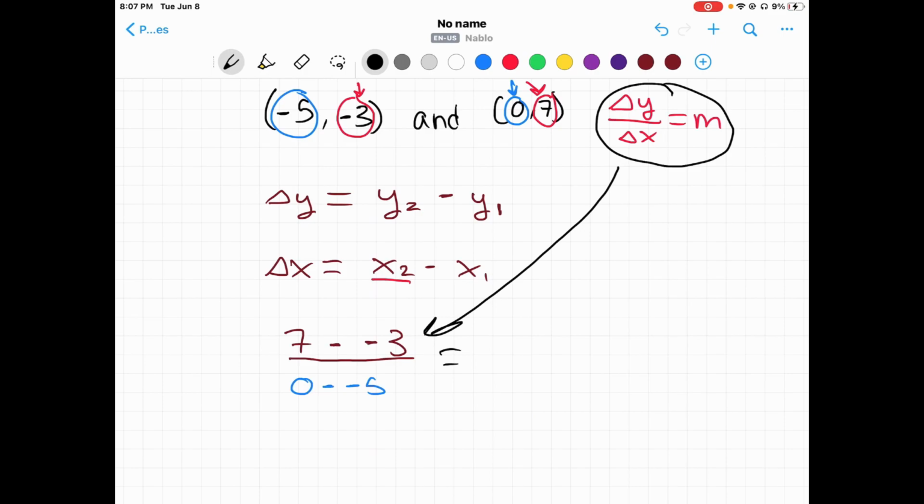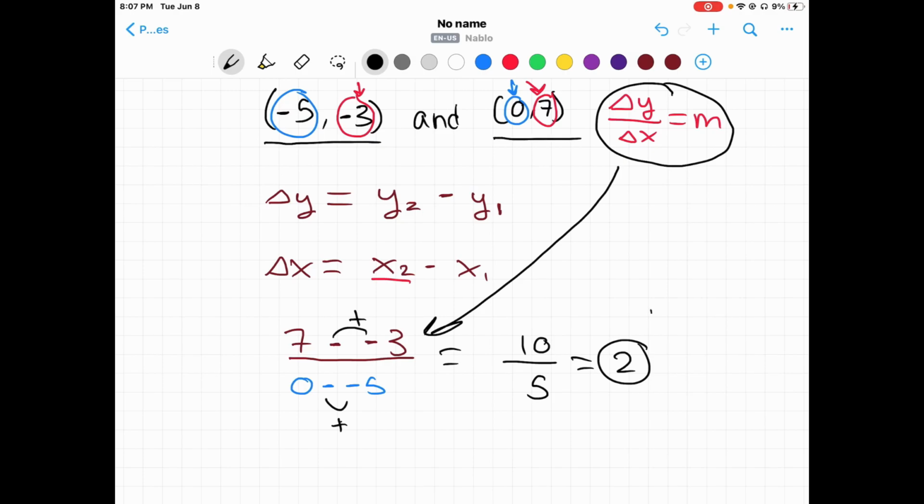So 7 minus -3, this becomes a plus, so that will be 10 over 0 plus 5, also a plus, so it will be 10 over 5, which simplifies down to 2. So the slope of this linear graph that contains the points (-5, -3) and (0, 7) would be 2.